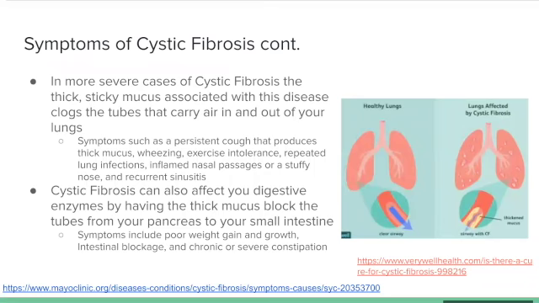And CF can also affect your digestive enzymes by having the thick mucus block the tubes that are in your pancreas all the way to your small intestines. So symptoms of this will include poor weight gain and growth, intestinal blockage, and chronic or severe constipation. And here I just wanted to provide a little visual diagram of cystic fibrosis in the lungs.